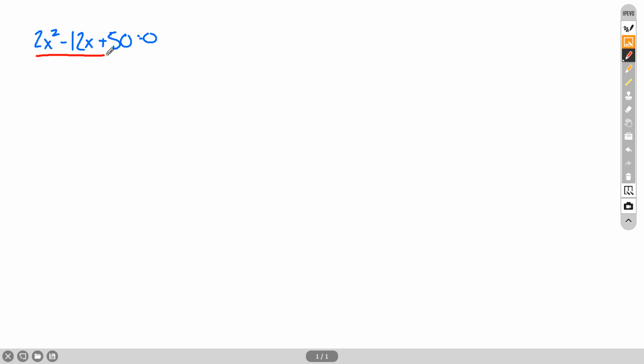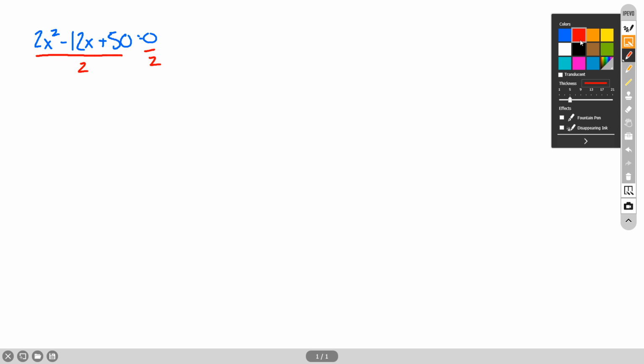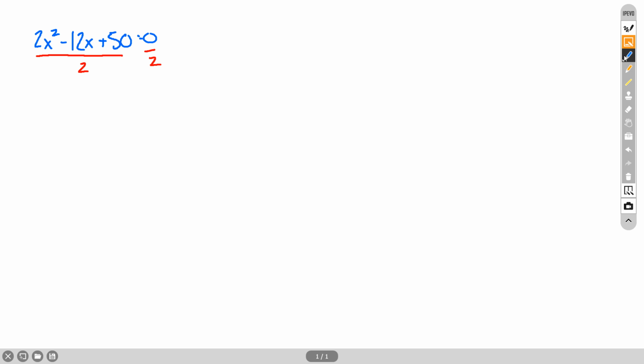So I'm going to divide the left side by 2, divide the right side by 2. Remember, you can distribute the division just like you would distribute multiplication, because I'm technically just multiplying both sides by 1/2. So this would be x squared minus 6x plus 25 equals 0.